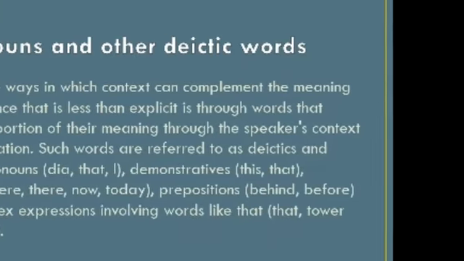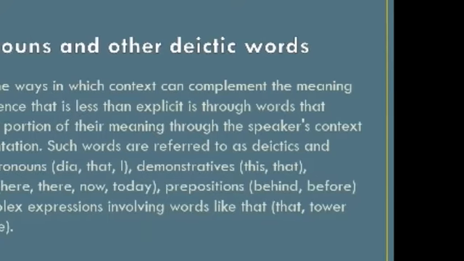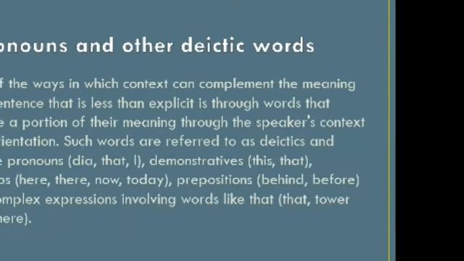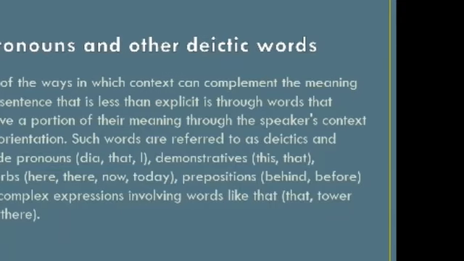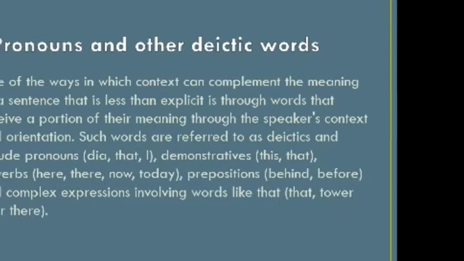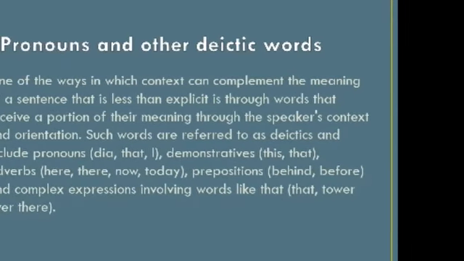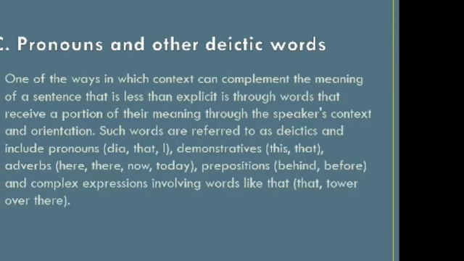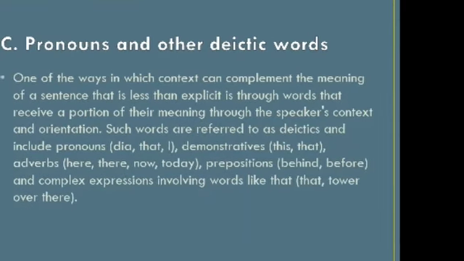Pronouns and other deictic words. One of the ways in which context can complement the meaning of a sentence that is less than explicit is through words that receive a portion of their meaning through the speaker's context and orientation.